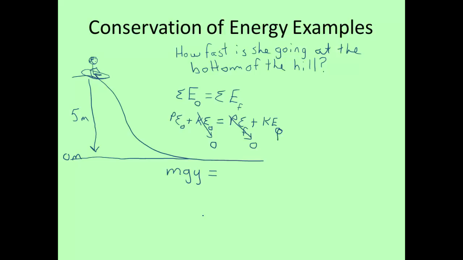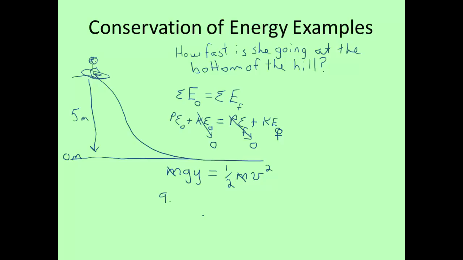My final kinetic energy is 1/2 mv squared. Notice that the masses cancel out, so it does not matter how much she weighs or what her mass is because they're on both sides, so they cancel out.